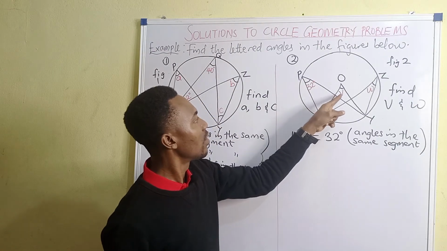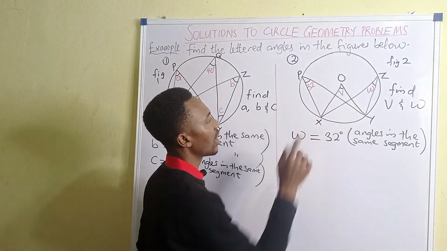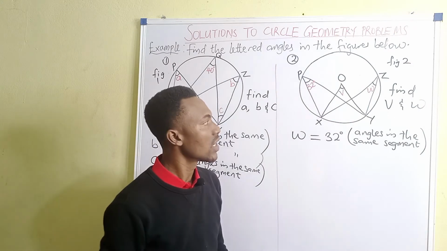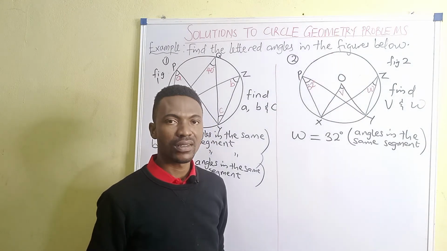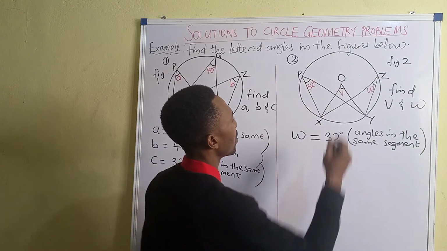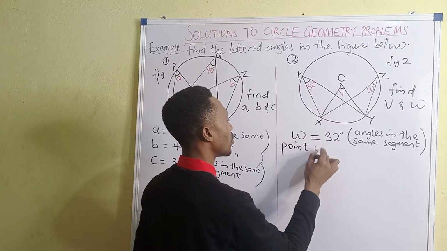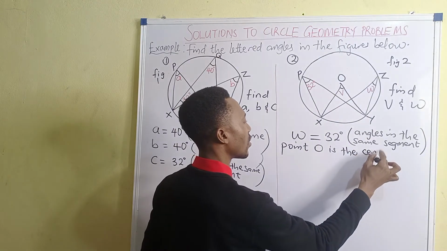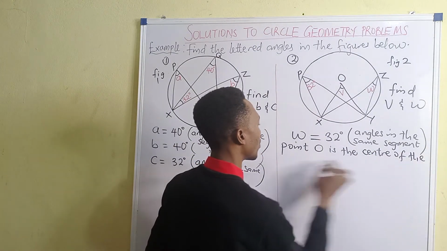Now, V is also coming from point X and Y. But V is not equal to 32. The reason is because V is not on the circumference. Now, O is the center of the circle. Don't forget, point O is the center of the circle.